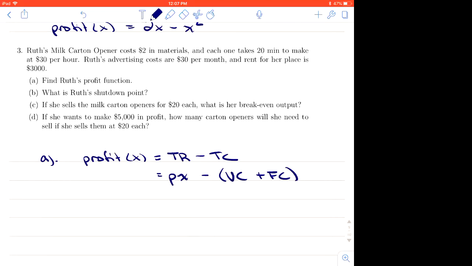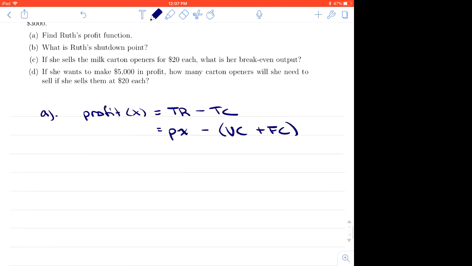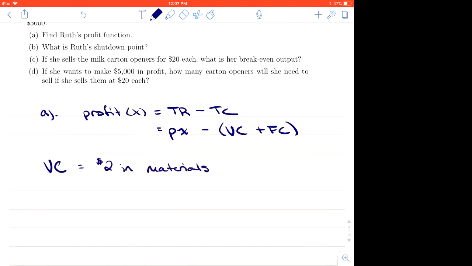So we actually have 2 things for the variable cost. So the variable cost is the $2 in materials plus 20 minutes of labor.